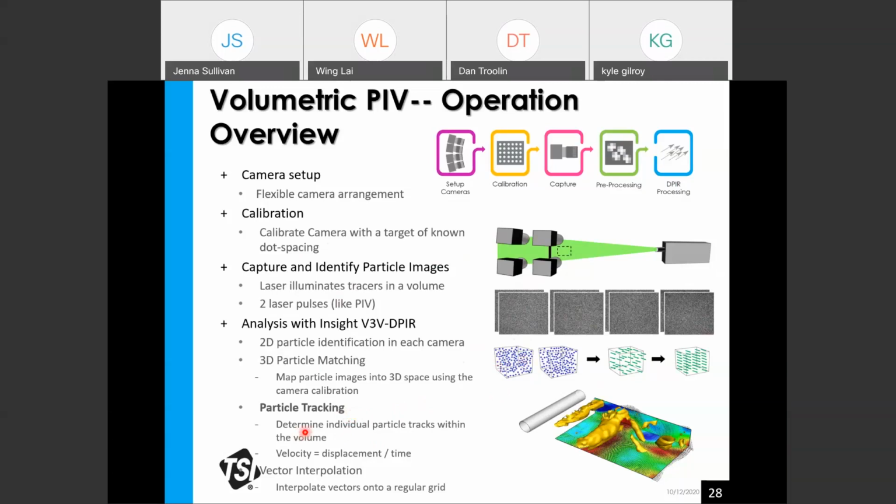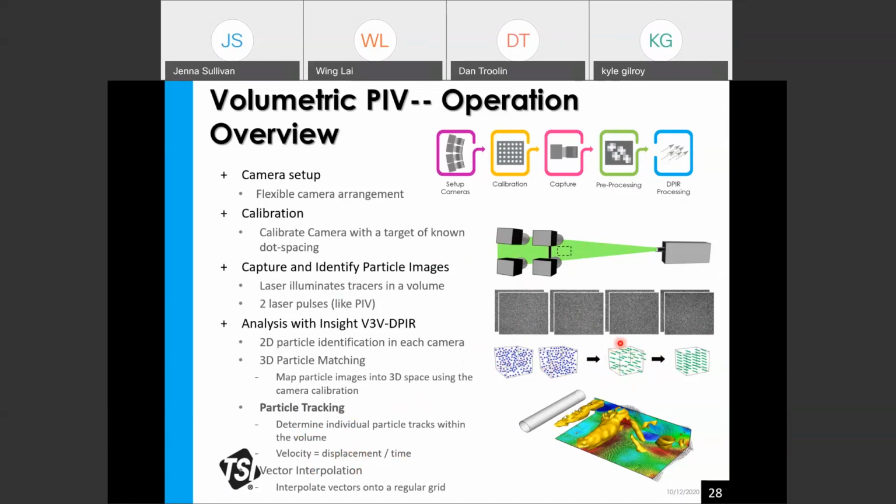So ideally we are able to track each individual particle to get one velocity vector from each particle pair. We know the time between these 2 volumes of particles, and by tracking the displacement of the particles divided by that time, we get the individual velocity field from the volume.